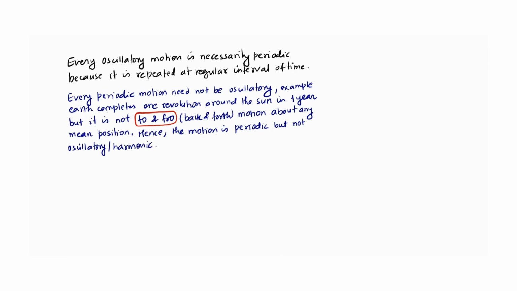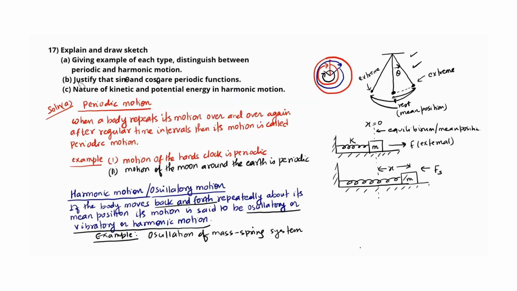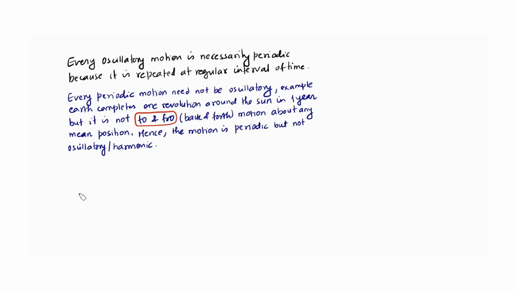Now let us look at 17b. Justify that sine theta and cos theta are periodic functions. So what are periodic functions?